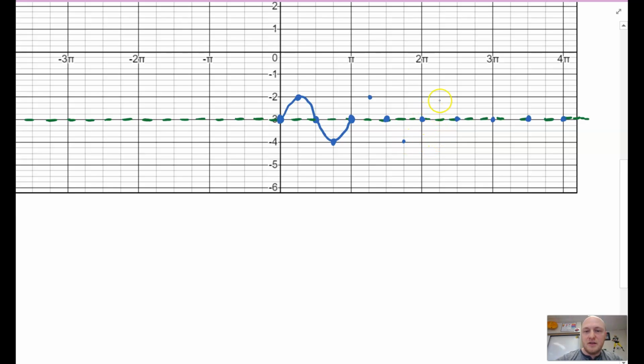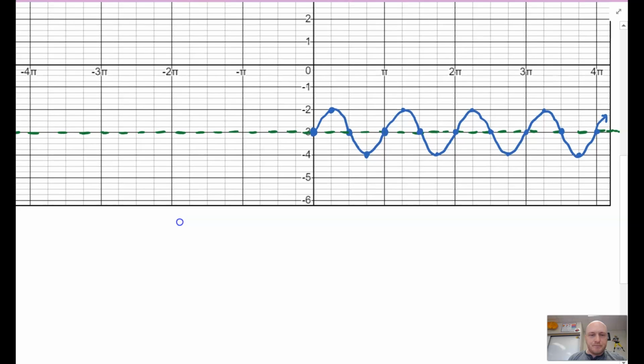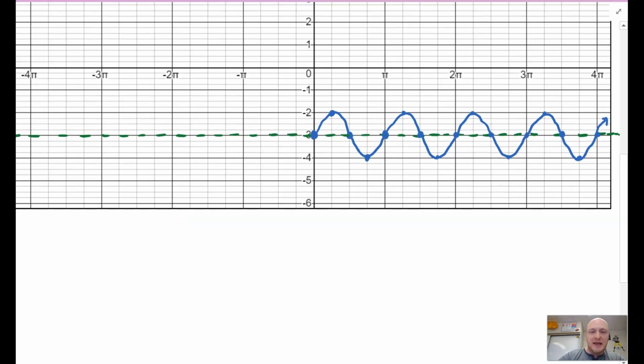So I'm just graphing the other cycles, extending my graph left and right. Okay, and so our graph looks like this. I'll extend it this way with a little arrow, changing that concavity, and then I will extend it left.